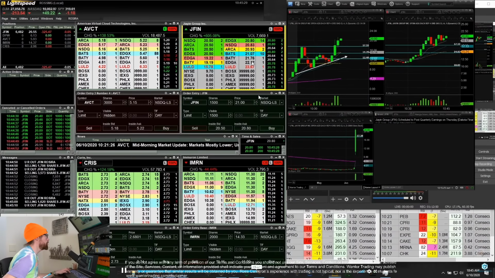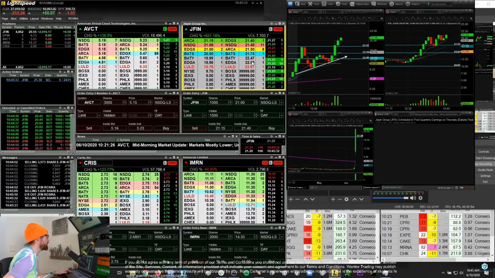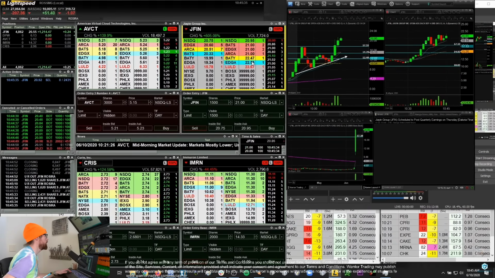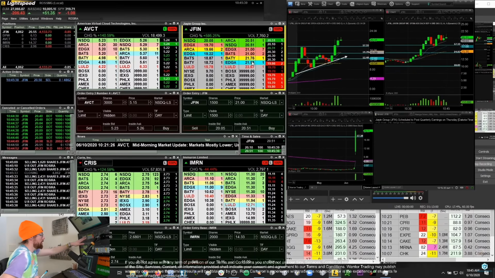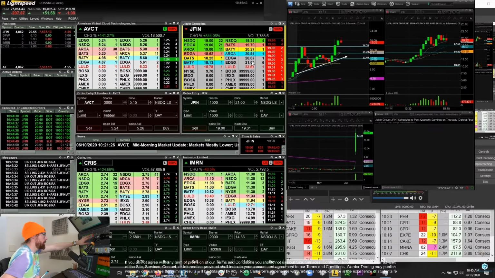We're looking for the breakthrough 21. There's 2120 right there, 2140. But you can see how volatile it is. See how much that dropped? So this is one where if you're in too high, all of a sudden, you've got to be really careful.